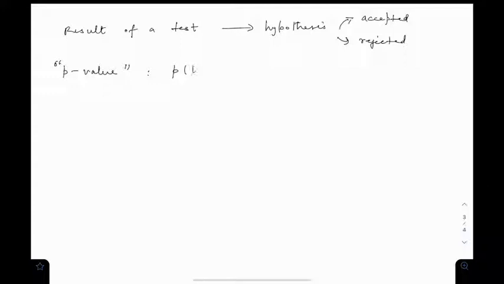So p-value is a function of the test statistic, and it measures the compatibility of the sample with the null hypothesis H0.